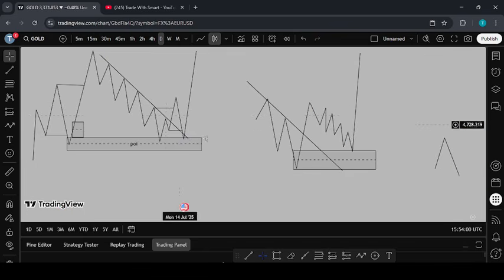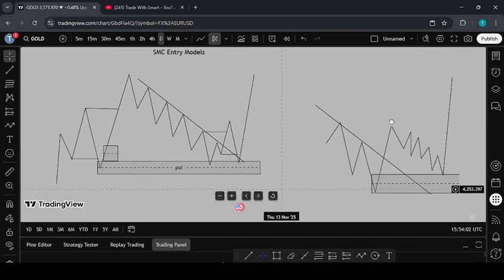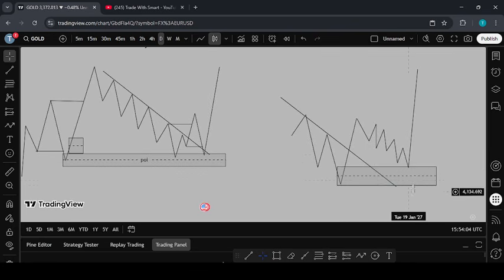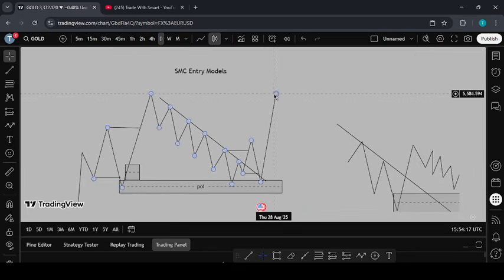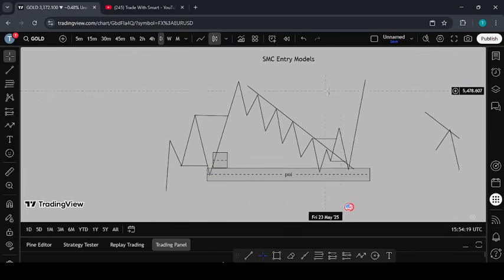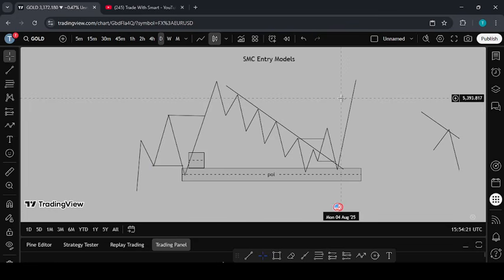On a higher time frame you might see something like this, and on a lower time frame it will repeat itself. So you can confidently buy once you see the setup repeating like this, just the way it repeated on the higher time frame. You take your setup using that 15-minute POI, you put your stop loss below, then you target all the sell-side liquidity like this. So you could see this kind of setup can play out.